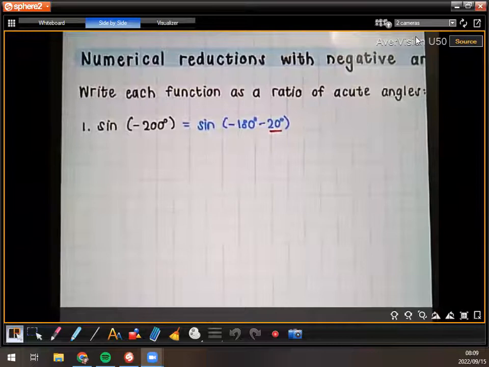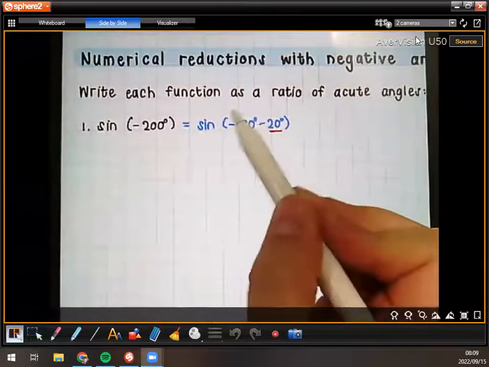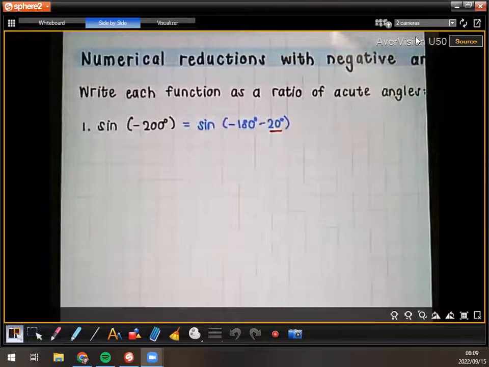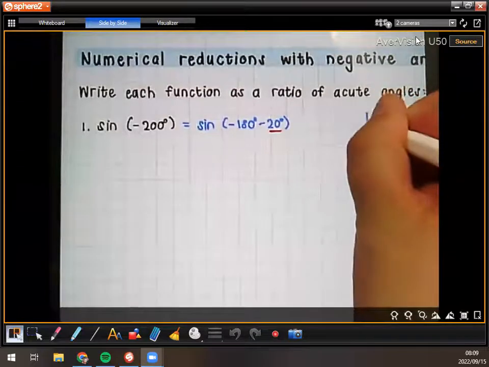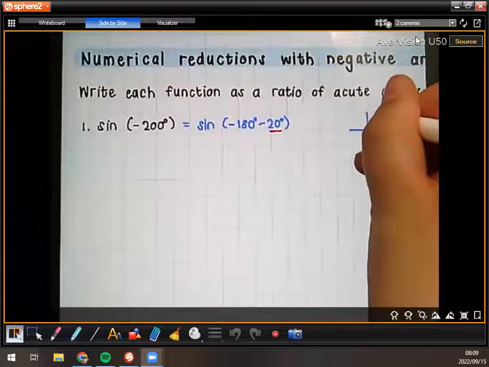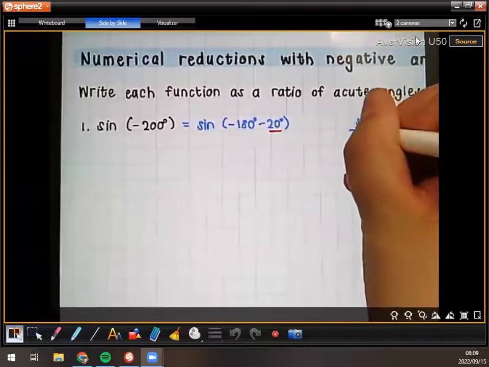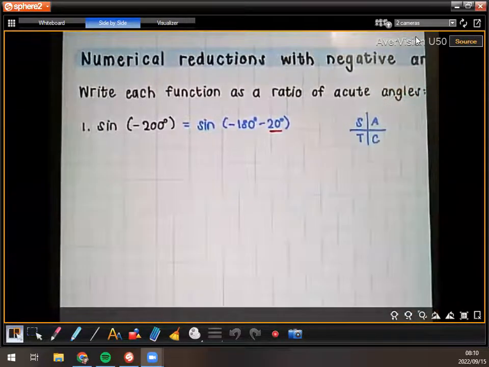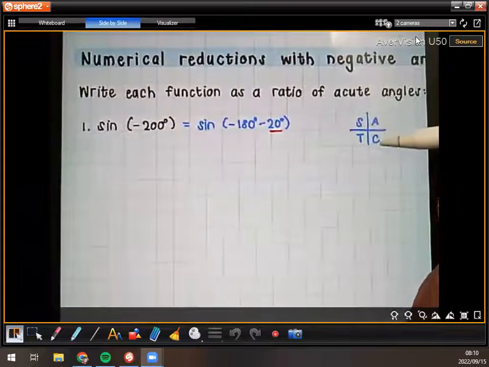Okay. We need to figure out which quadrant this is in. Again, it's useful if you have a little Cartesian plane, just draw it on the side with your CAST diagram letters put in. And now remember when we're doing negative angles, we start at 0 and we go backwards, right?